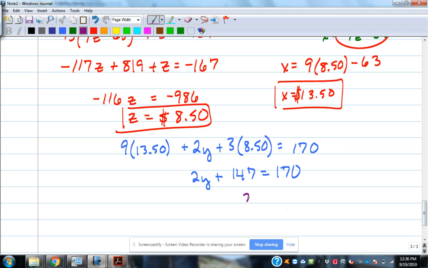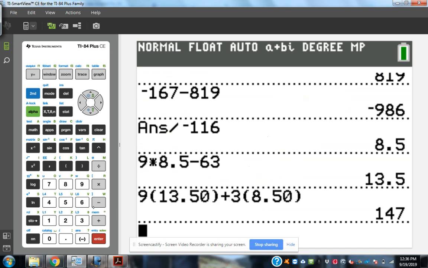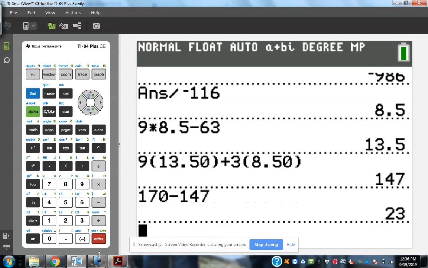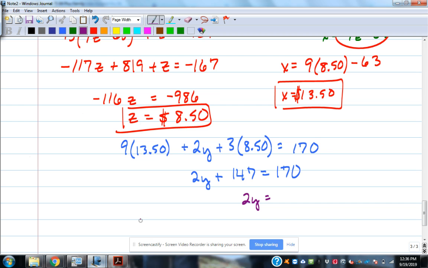Subtract the 147. And we get 23. That ain't right.